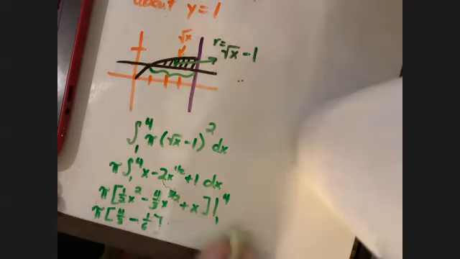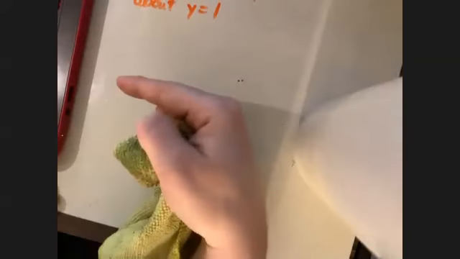Now, the other thing that I said earlier is when they spin around an axis this way, around something like the x-axis or a horizontal line, then all of our functions need to be in terms of x's.